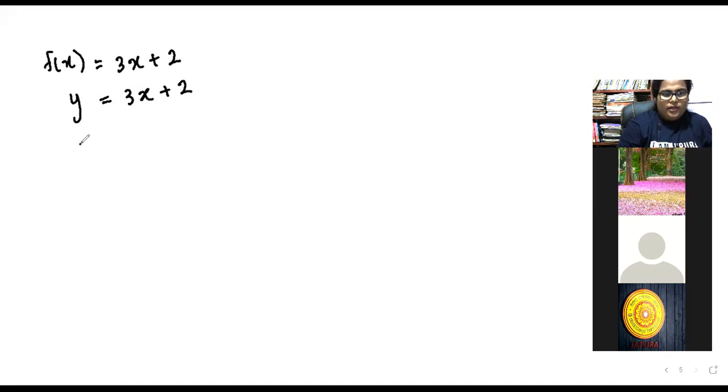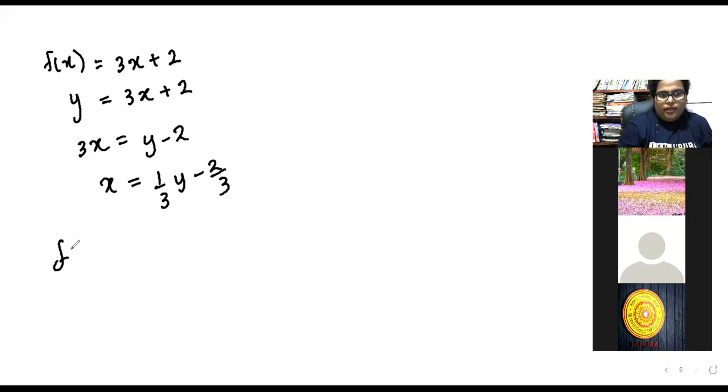Right, so when you make 3x the subject, it should be y minus 2, and when you take x, 1/3 y minus 2/3 comes. So your f inverse x function is, when you replace y with x, 1/3 x minus 2/3. This is the equation of f inverse x.